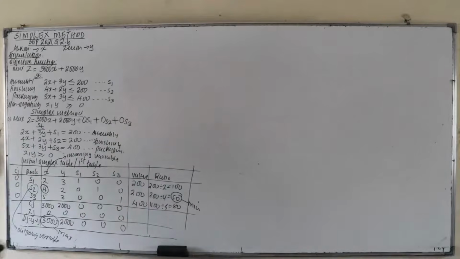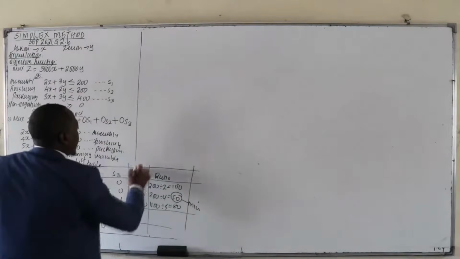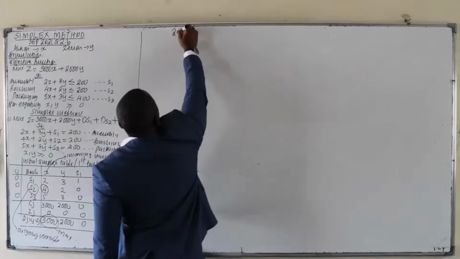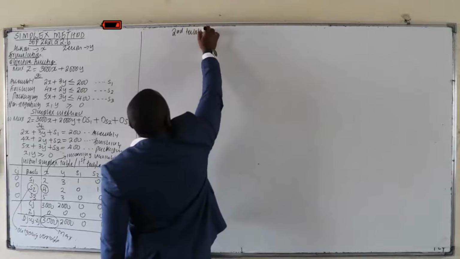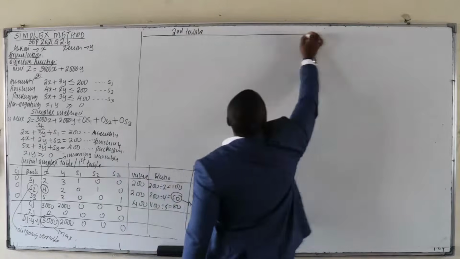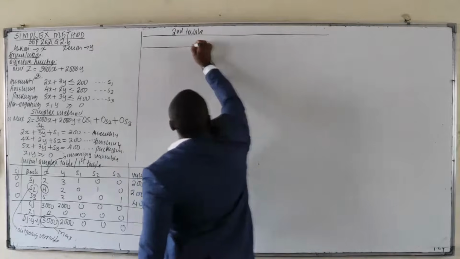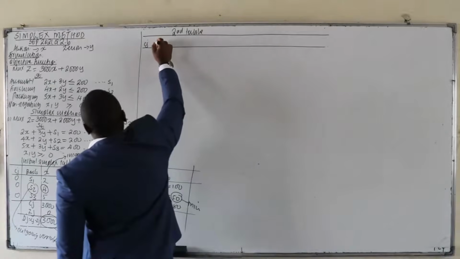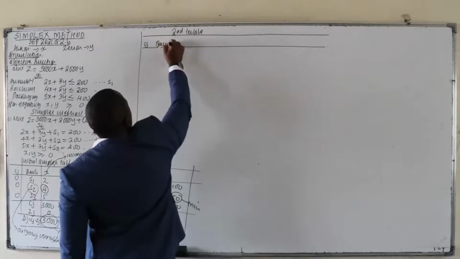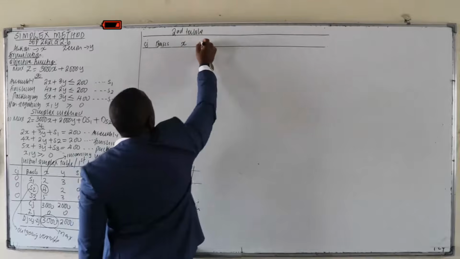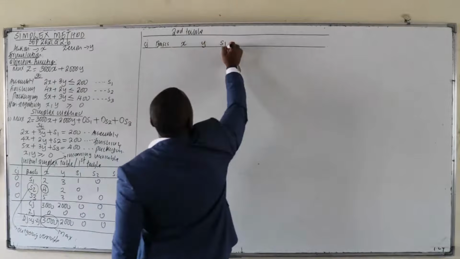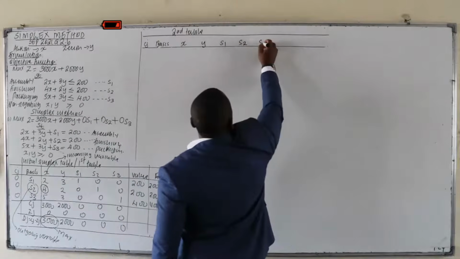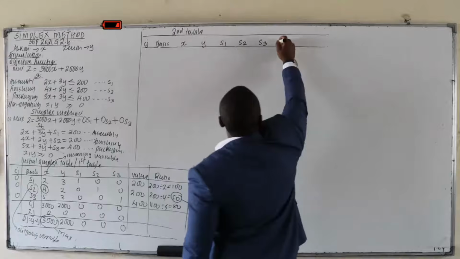So how do we develop the second table? Since the first table was not optimal, we come up with a second table. You have Cj, then we have the basis X, Y, S1, S2, S3.